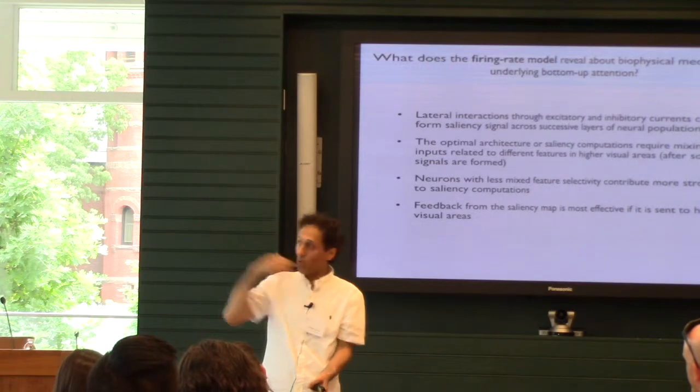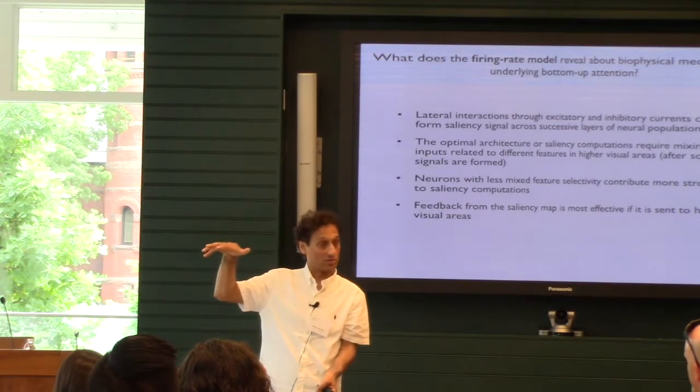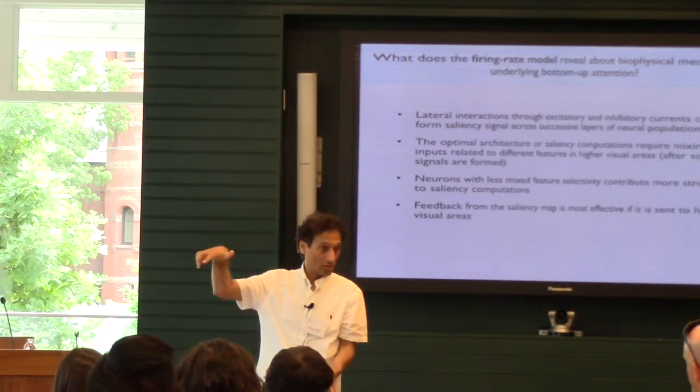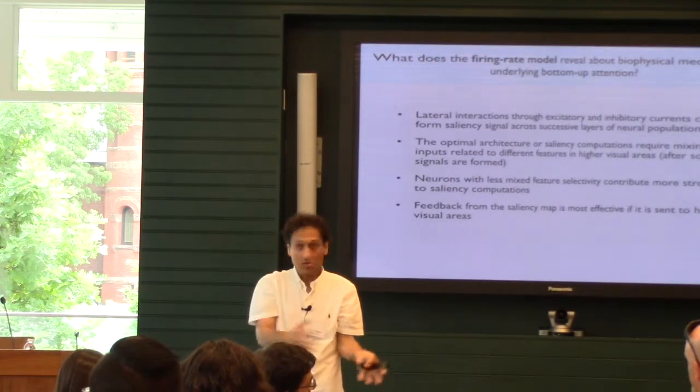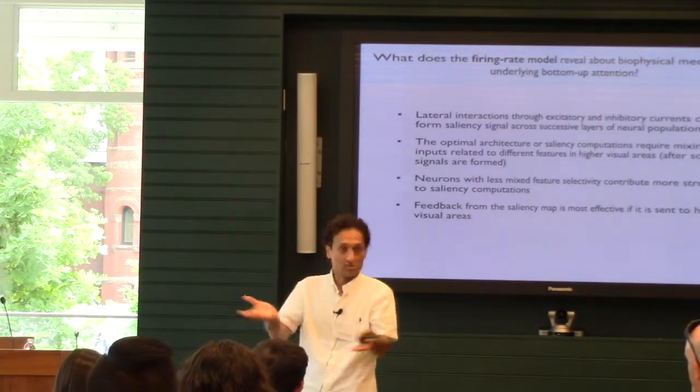You could say, okay, I'm going to put another population of neurons here that are going to represent my goal. And I'm going to project it to these other neurons down here and see what happens to the computation. Yes, you can study that.